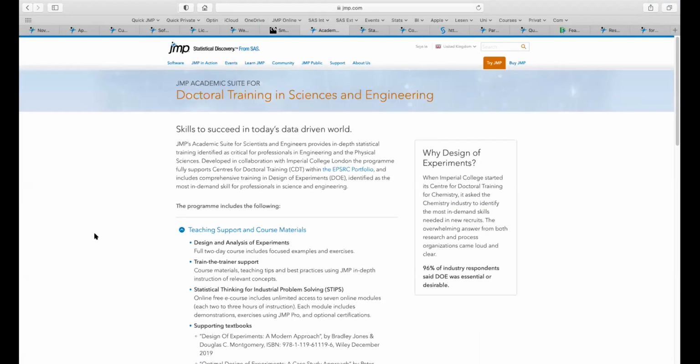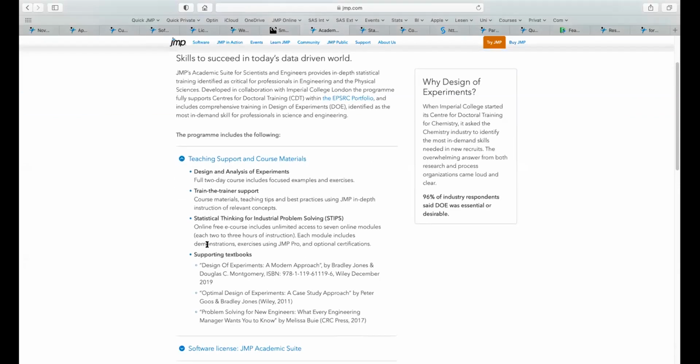And we also have this new offering here, our academic suite for CDTs, or master programs for doctoral training. The offering we developed together with Imperial College in London is tailored for chemists and chemical engineering.